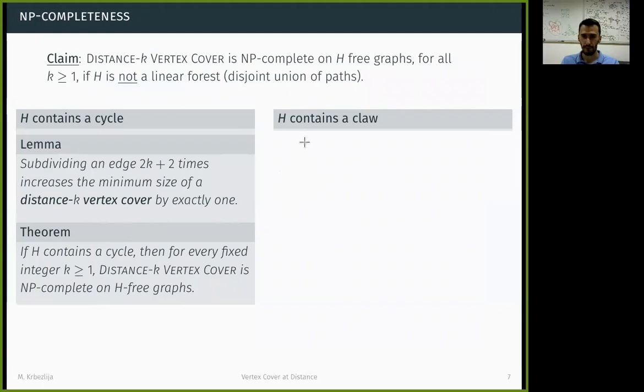If we have a graph H that contains a cycle C, and an arbitrary graph G, we can subdivide every edge of G sufficiently many times so that G does not contain the cycle C. And if G does not contain the cycle C as an induced subgraph, then G is C-free, and that implies that G is also H-free.